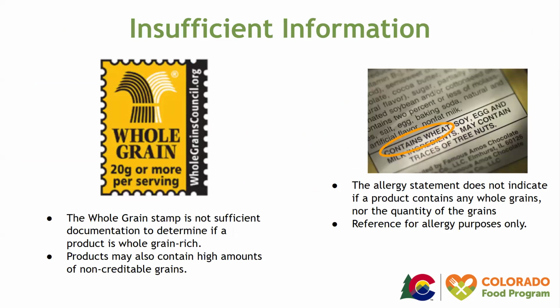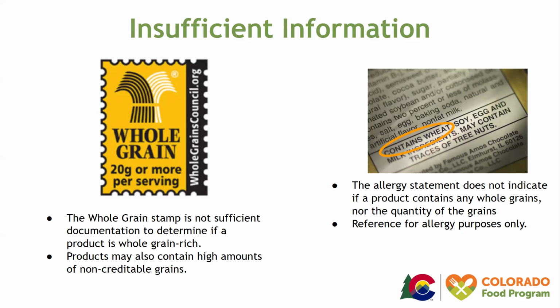These are some examples of insufficient documentation. Just because the product has the whole grain stamp does not mean that it meets the whole grain rich criteria for CACFP. You would need to use another method to determine if it meets our criteria. Sometimes these products contain some whole grains, but they may contain high amounts of non-creditable grains as well, and that's why it's not sufficient documentation.